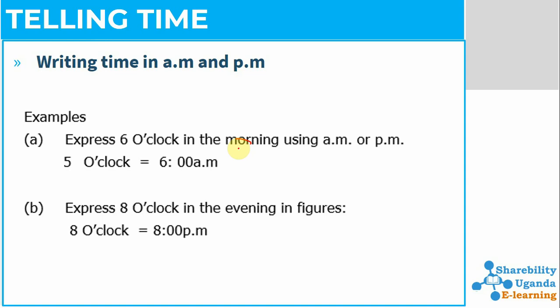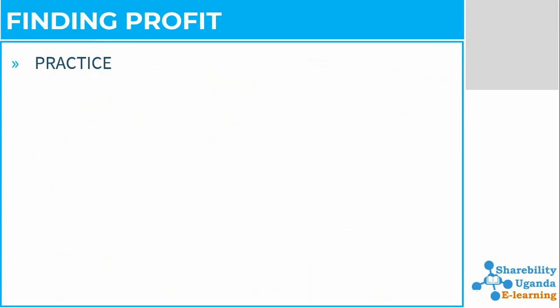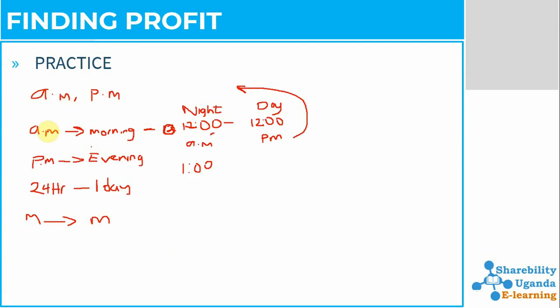And remember here we were able to say that our AM means our morning. Our AM means in the morning. And now when we want to write this, that means in the morning, that's when we top up our AM.